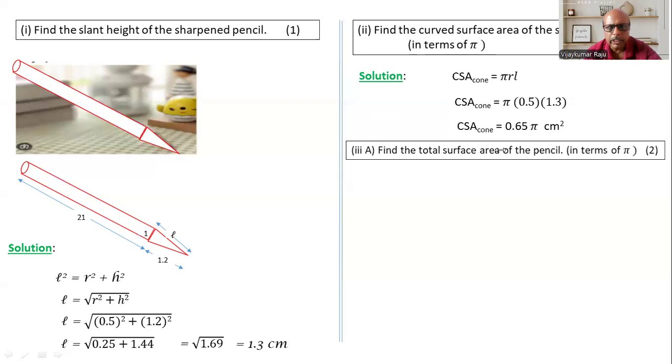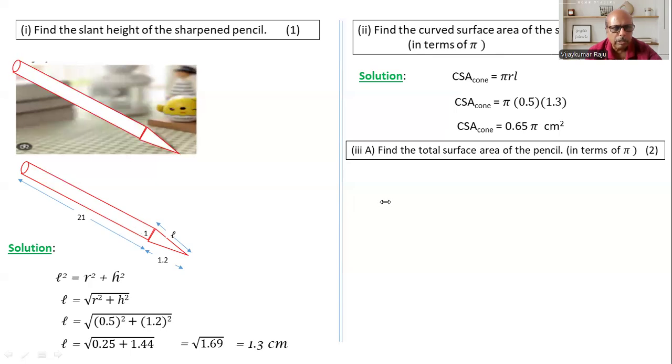Find the total surface area of the pencil in terms of pi. Total surface area of the pencil. That means you see this is the pencil. Here you have a circle. Then this is a cylindrical part and this is the conical part.